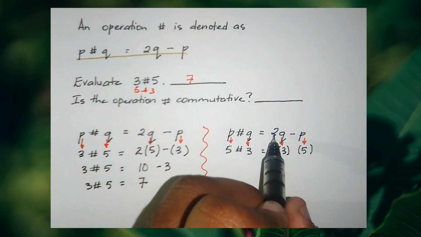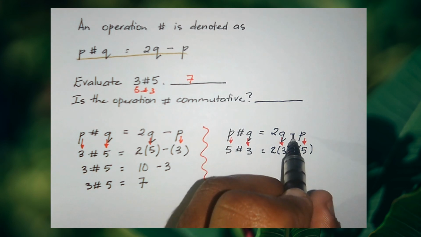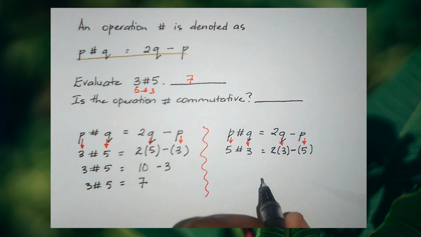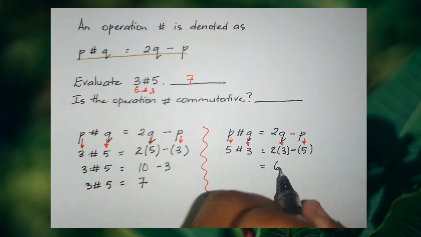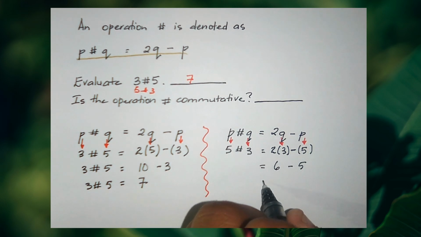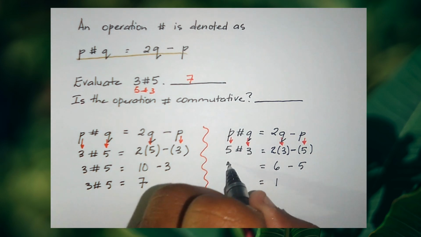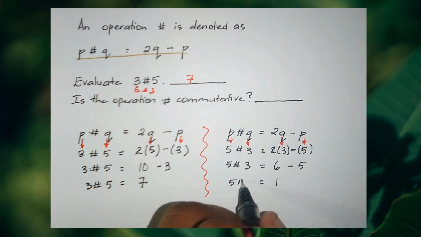Look, there's this 2 in front of Q, so I'm going to put it back. And then there's this minus in front of P, so I'm going to put it back. And then you just work it out simply. 2 times 3 is 6, minus 5. And 6 take away 5 is just 1. And I'm going to keep writing this back down because it's neat and it's a complete mathematics statement.